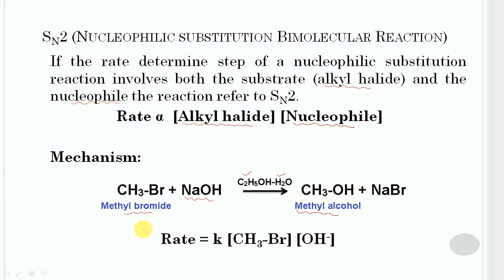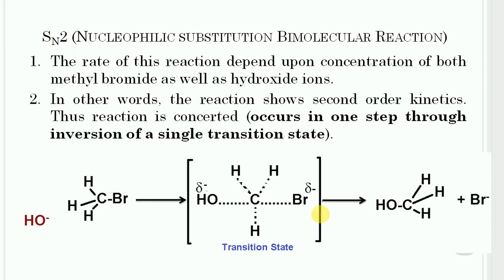The kinetic study of this reaction revealed that the rate of reaction depends upon the concentration of both methyl bromide and hydroxide ions. So there are two main points which you have to remember. The rate of the reaction depends upon the concentration of both methyl bromide as well as hydroxide ion.